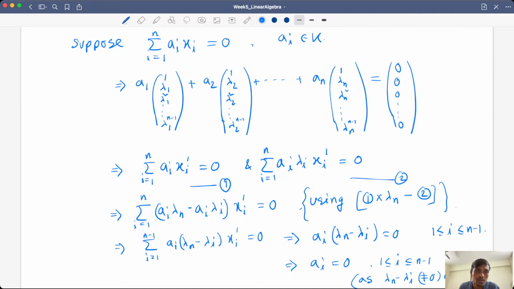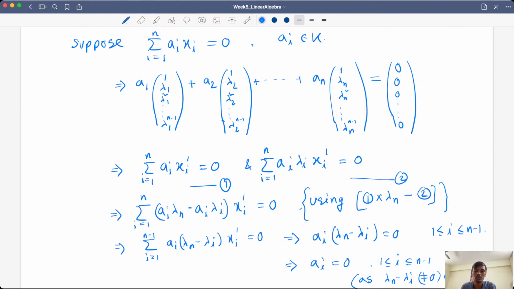Now if I put in that a i is 0 for 1 to n minus 1, then what remains is only a n x n equal to 0. But this vector x n is clearly non-zero because the first coordinate is 1 itself. So that a n x n is 0 means a n is also 0.